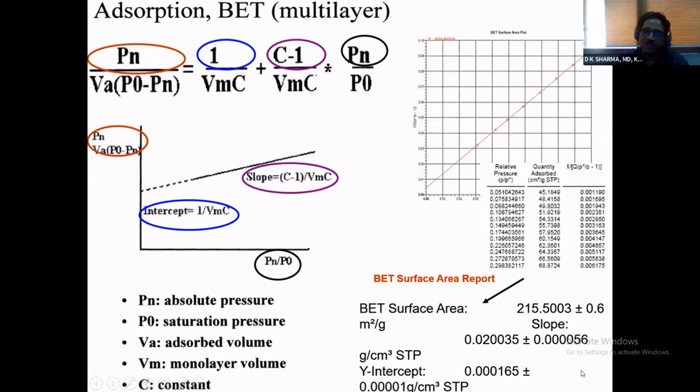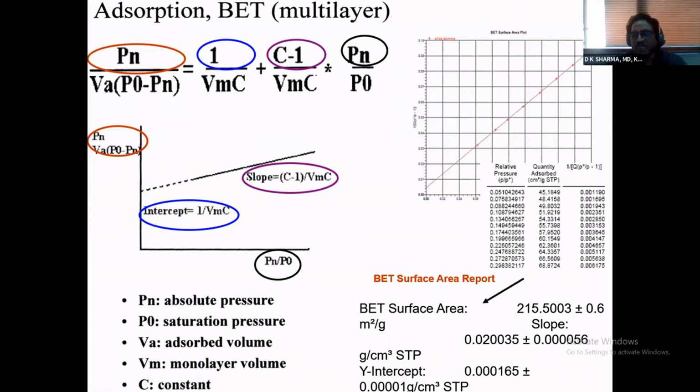That can happen if the sample is microporous. So the next step is to remove some of these higher pressure points, and include some low pressure points which we didn't take in the calculation. So instead of 0.05, let me start at 0.001 and then do the calculations.